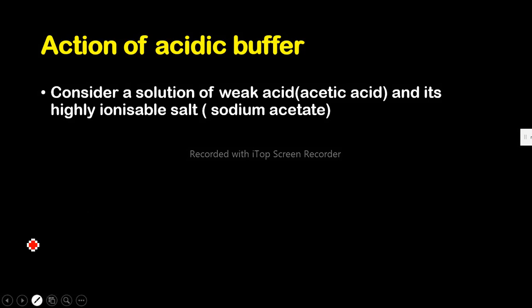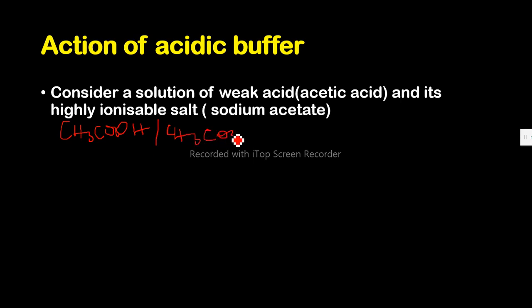So consider a weak acid such as acetic acid, CH3COOH, and its ionizable salt, which is sodium acetate, CH3COO- Na+. Now this solution is going to behave as a buffer.